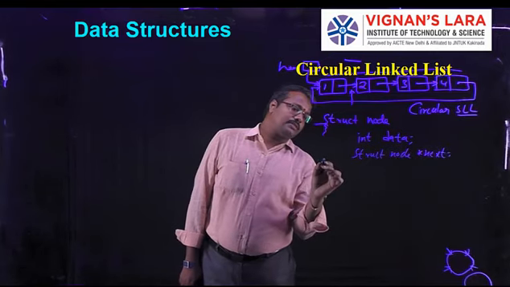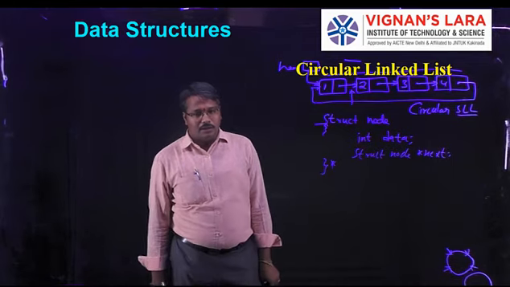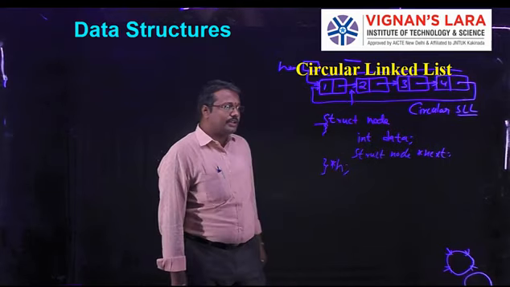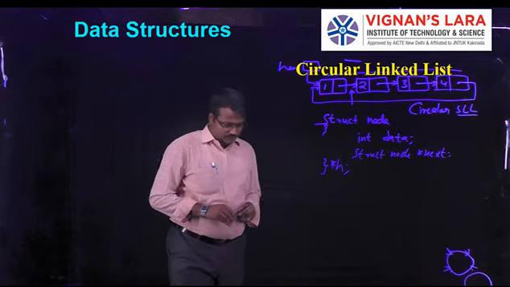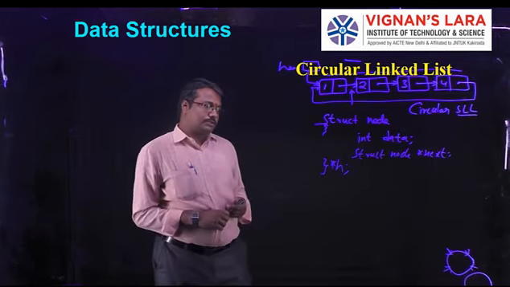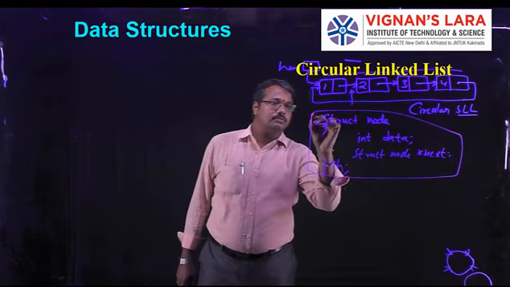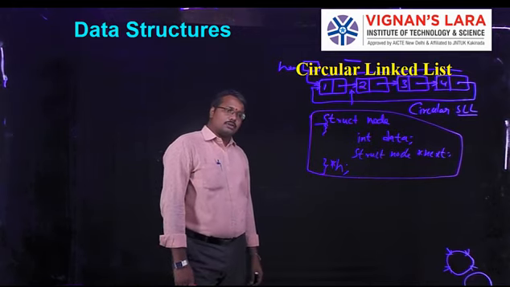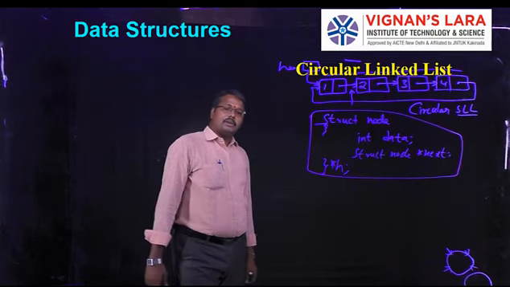The next field consists of the address of the next node, and h points to the header node address. This is the node structure of a circular linked list, the same node structure we already defined in the earlier cases.